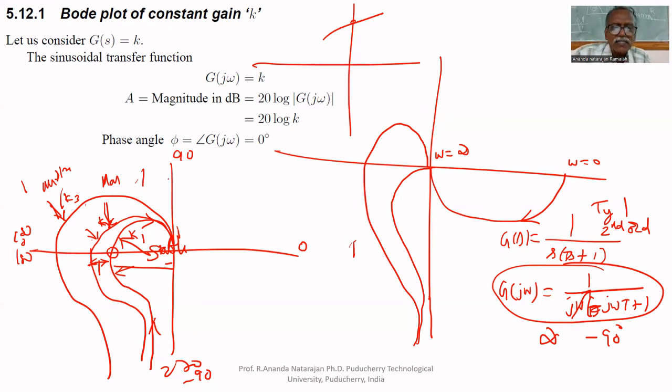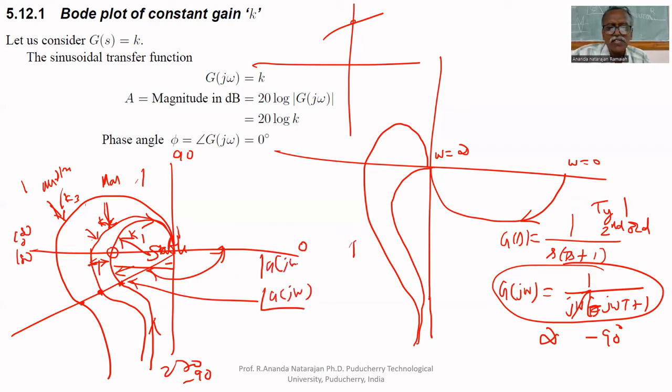Suppose at this point, what is the phase angle? Phase angle means the angle of G of j omega. This plot is plotted between magnitude of G of j omega versus angle of G of j omega.